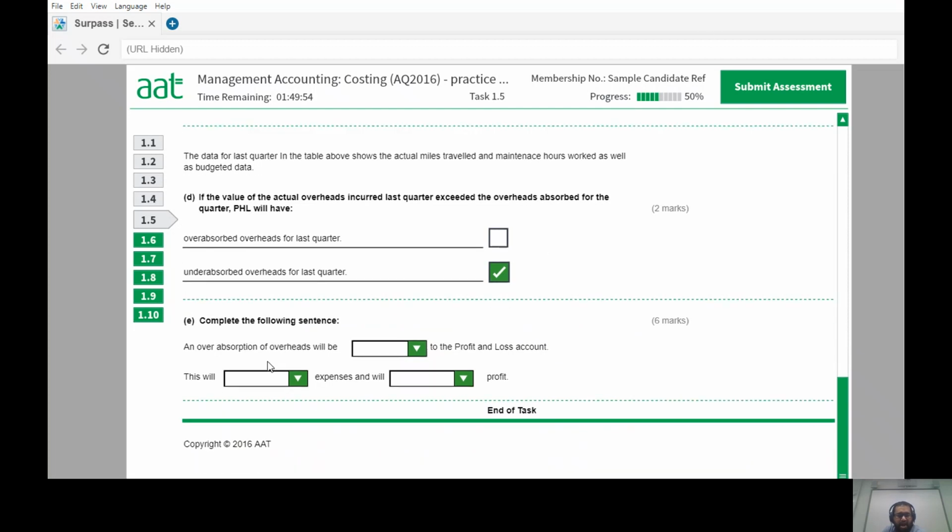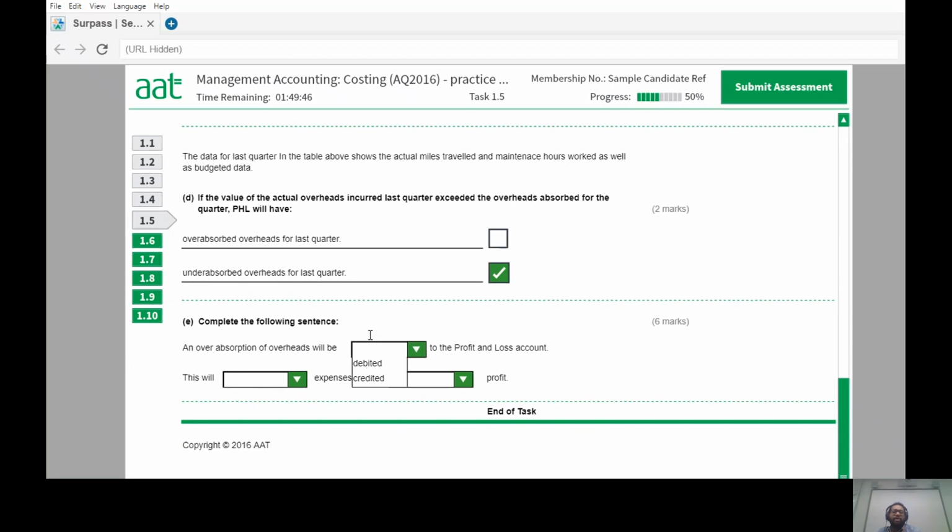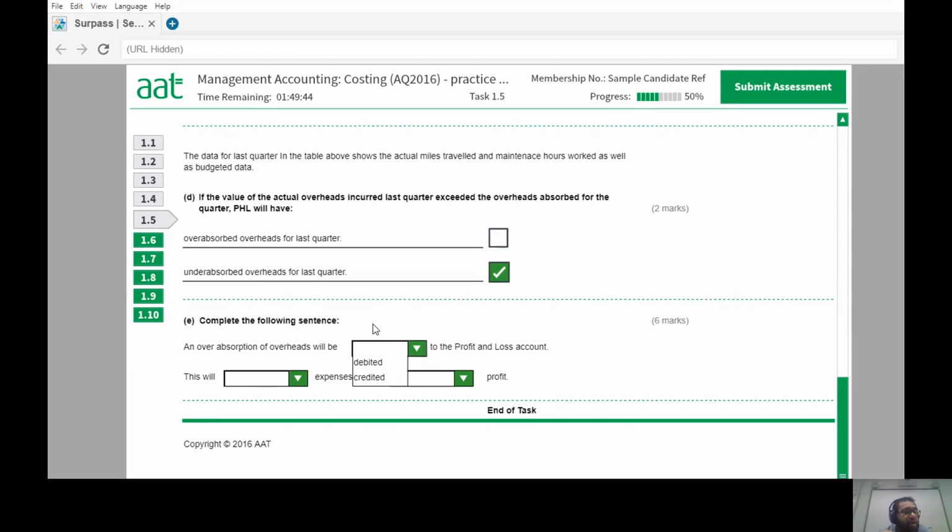Complete the following sentence. An over absorption of overheads will be debited or credited to my profit and loss account. What do you think it is? As I said to you, if it's going to be an over absorption, we have to credit our account, because our actual expense is going to be lower, isn't it? Because if you look at that debit, on my side of it, I have absorbed £1,000.